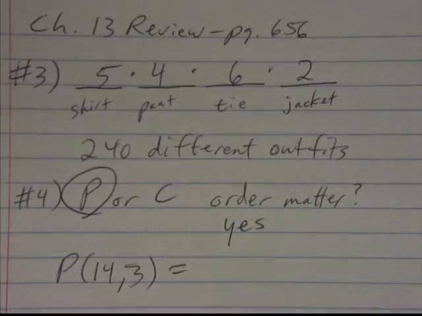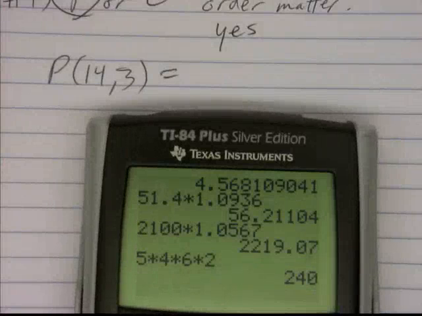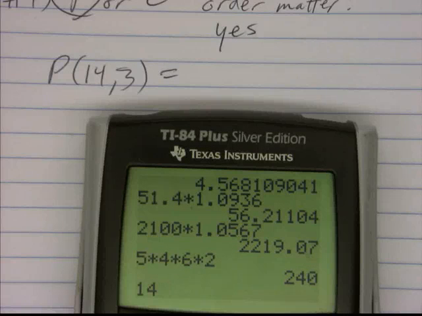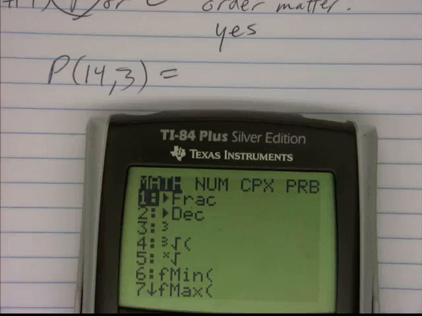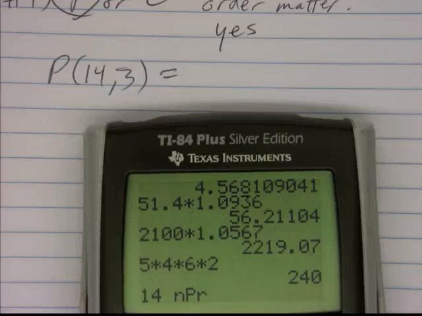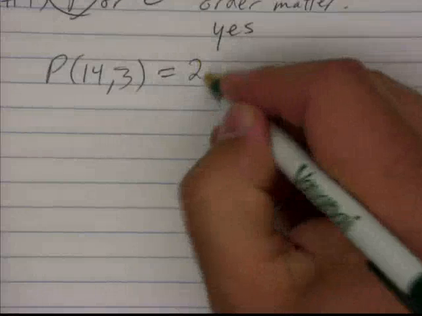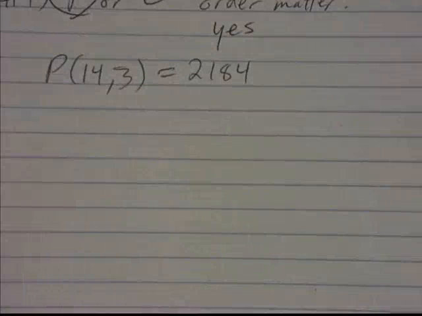So if we do that on the calculator, you would put in 14 first, then you'd go to your math menu, go over to your probability menu, go down, choose permutation, and then plug in 3 and enter, and you'll get that there's 2,184 ways that can happen.